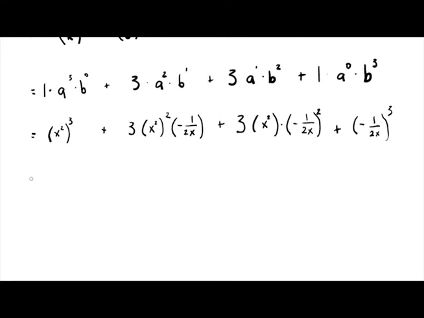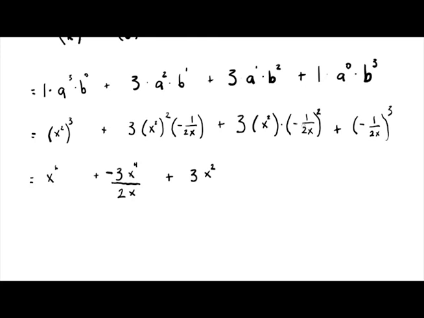Okay, so then we just multiply each of those out. Here we have x squared cubed, so we have 2 times 3, that's 6, x to the 6th power, plus 3 times x squared, 2 times 2, 4, x to the 4th power, times a negative 1 over 2x. So we are going to take out that negative in front of the 3 and place the 2x underneath, which we will have to simplify later, plus 3 times x squared.